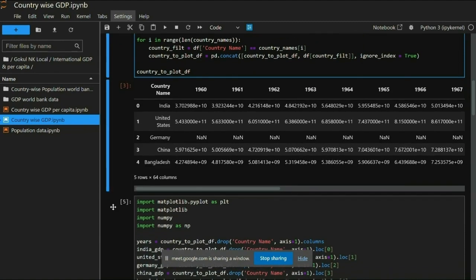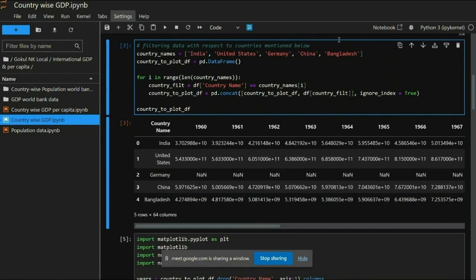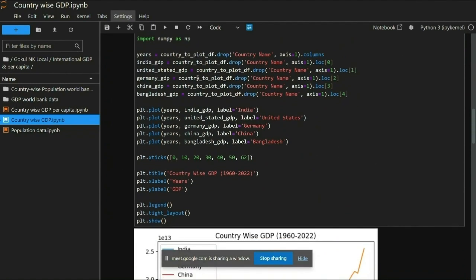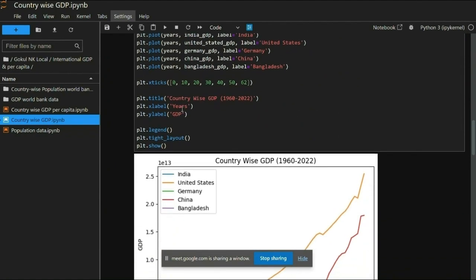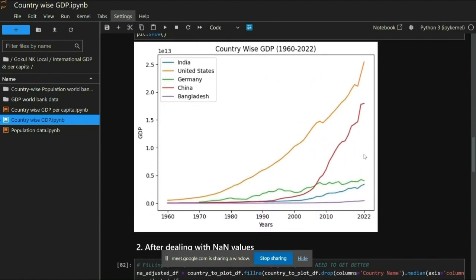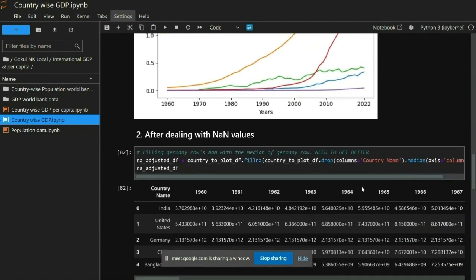Once we filtered out the GDP data for those countries, we are plotting the GDP trends of those countries, which is shown here in this image. Here, the data for Germany is missing for the period 1960 to 70. We have taken care of that, which we'll talk about in a bit.